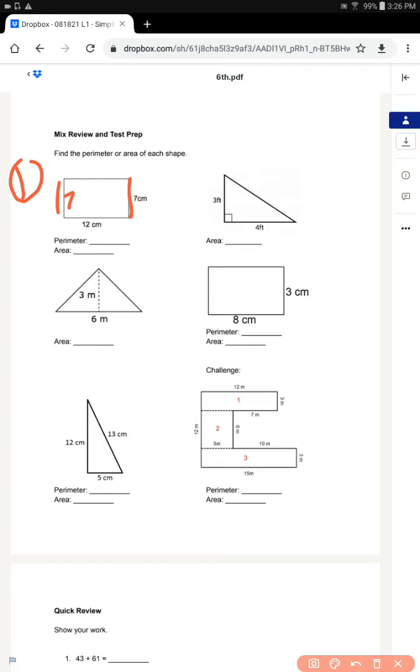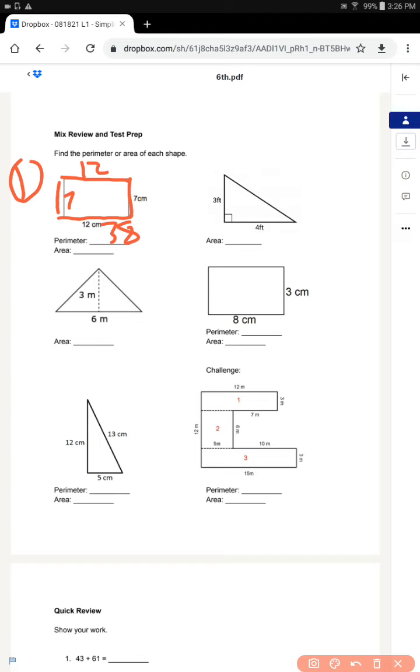And this side is 12 centimeters, so this side up here is going to be 12. So we just add up all these sides, and we get 12 plus 12 plus 7 plus 7, which is 24 plus 14, which should be 38, I think, if I'm doing everything right. Yeah. So you just add them up.